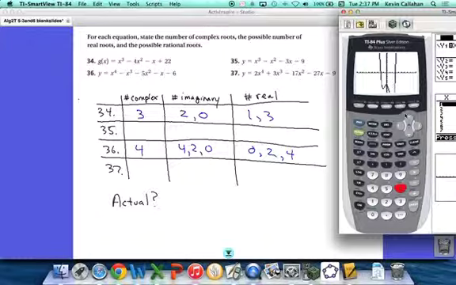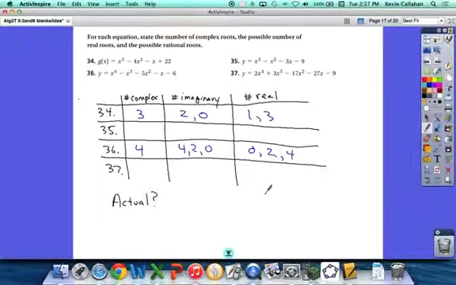How many real zeros do you see? 1 and 2. So there are definitely 2 real zeros. How many imaginary must there be? 2, they have to add up to 4. So the actual for number 34 was 2 and 2. I'm just showing you the actual.